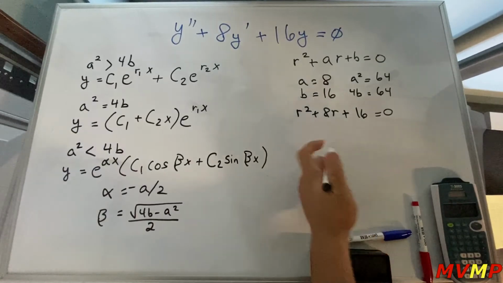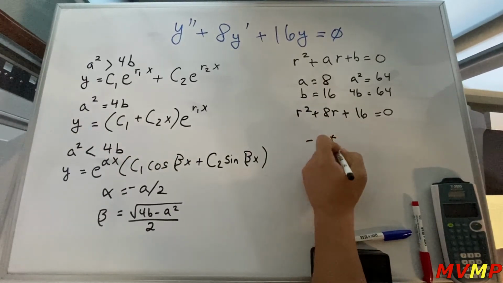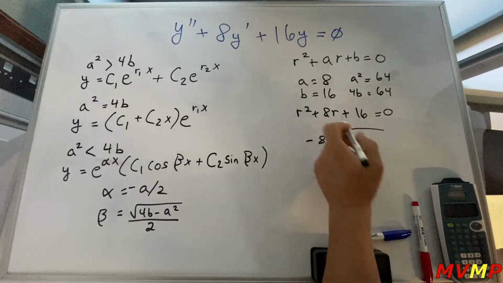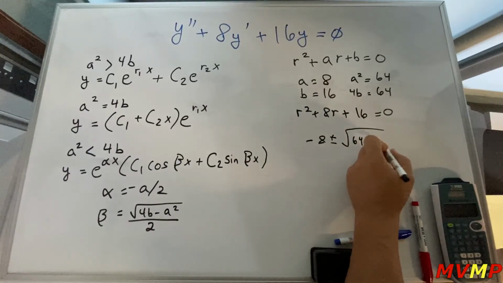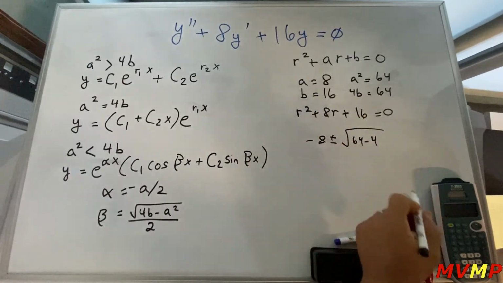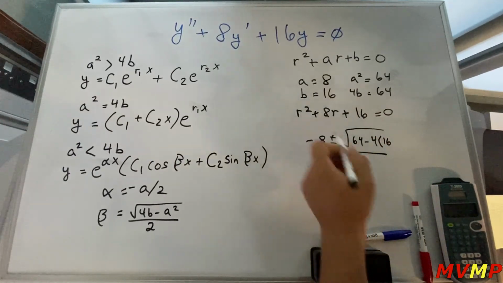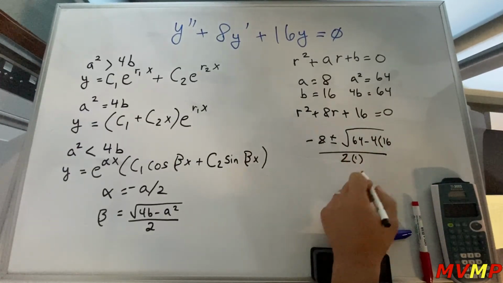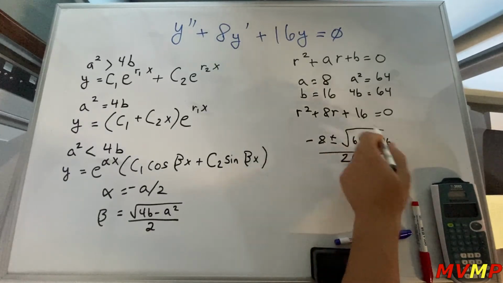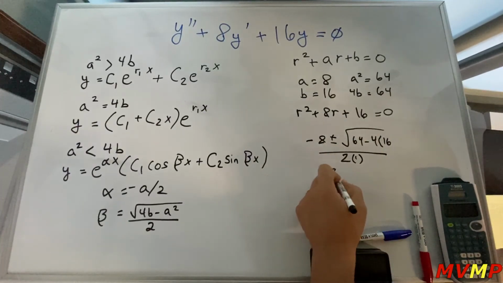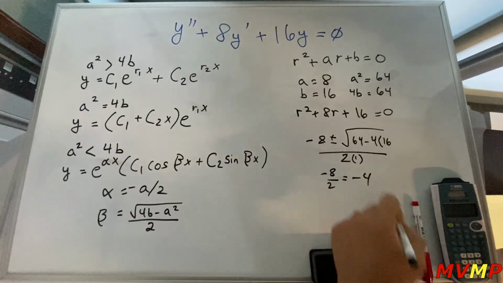Go ahead and do the quadratic formula, so negative 8 plus or minus the square root of b squared minus 4ac, all over 2 times a. So you're going to get negative 8 plus or minus 0 over 2. So negative 8 over 2, and you get a negative 4.